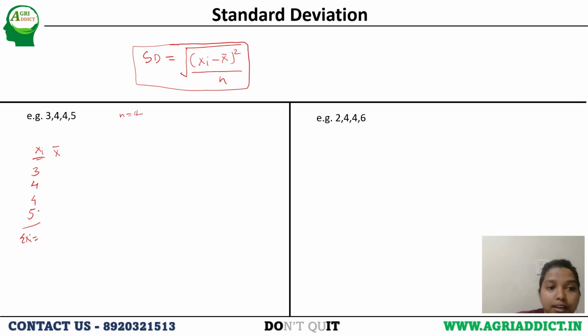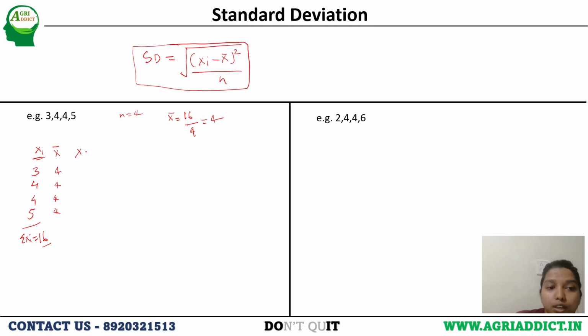Summation of xi is 5, 4, 4, 8 plus 8, 16. Then we calculate x bar: the sum of xi is 16, divided by 4, it will come 4. So the mean will be 4. Okay, I hope you understand till now.